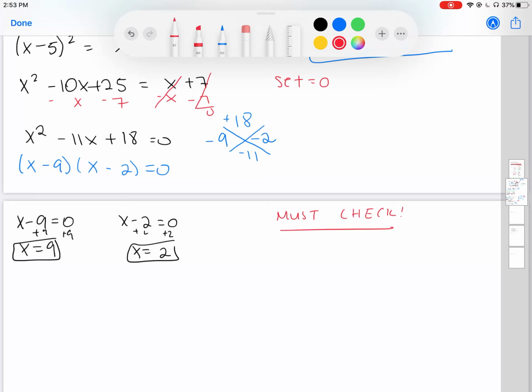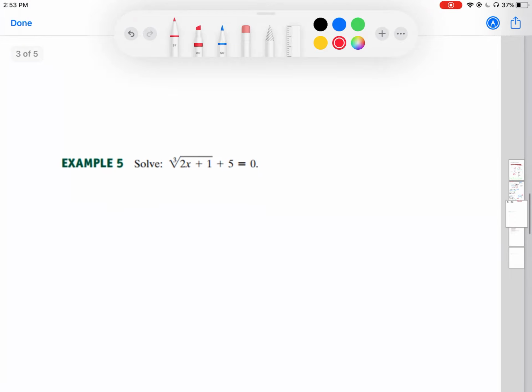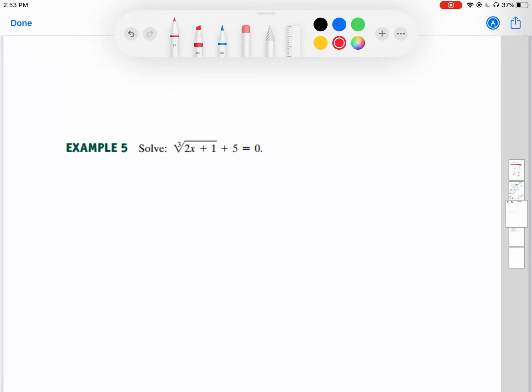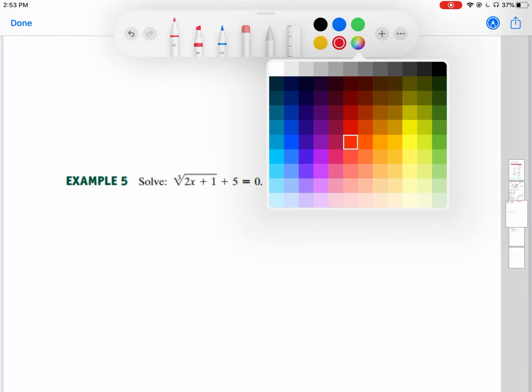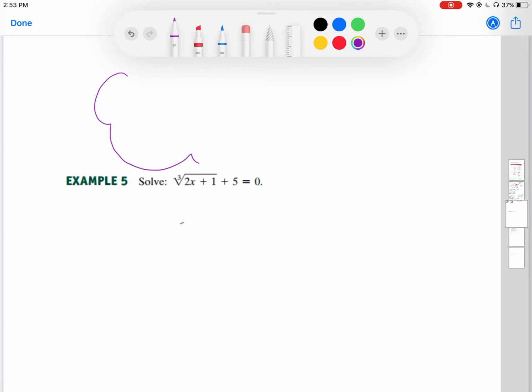Okay, so far we've seen squares. But what about cube roots? Well, the same idea holds. Let's consider what I'm talking about when I say same idea holds. So if I have a cube root of x, that would be the same thing as x to the 1/3 power.